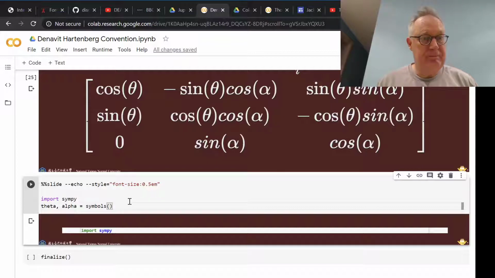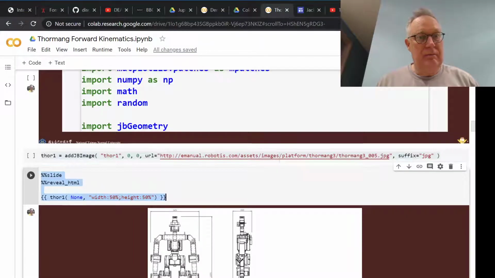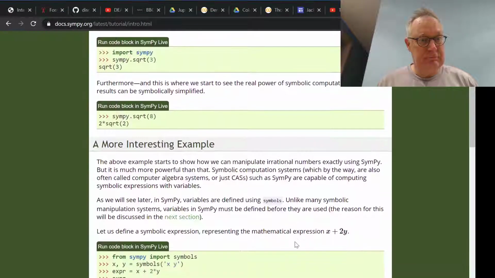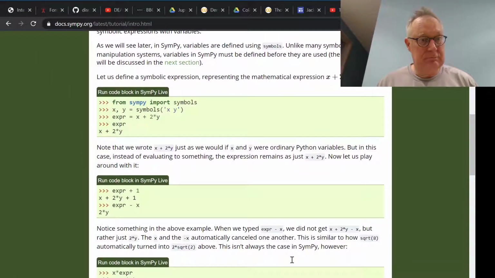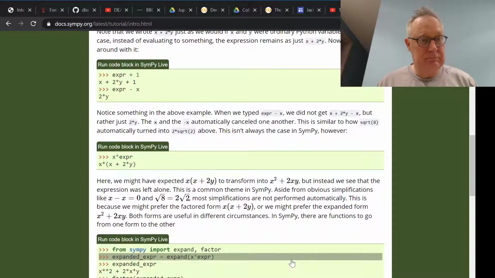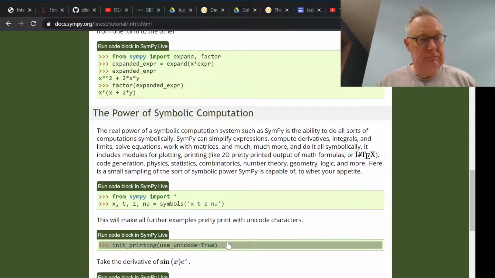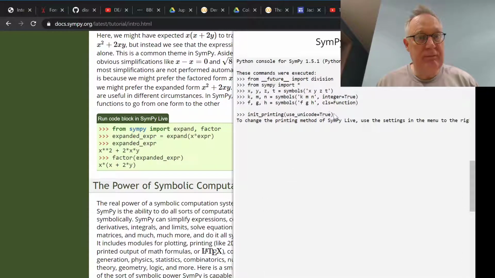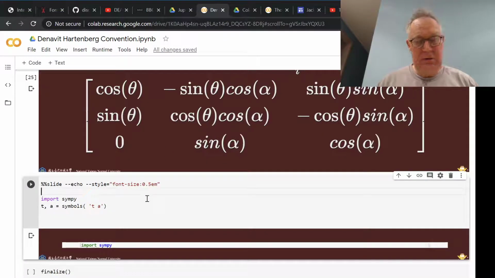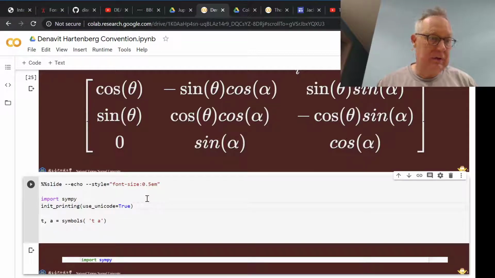And T and A. We can define that we want to use Unicode printing, then it makes it look a little bit nicer.